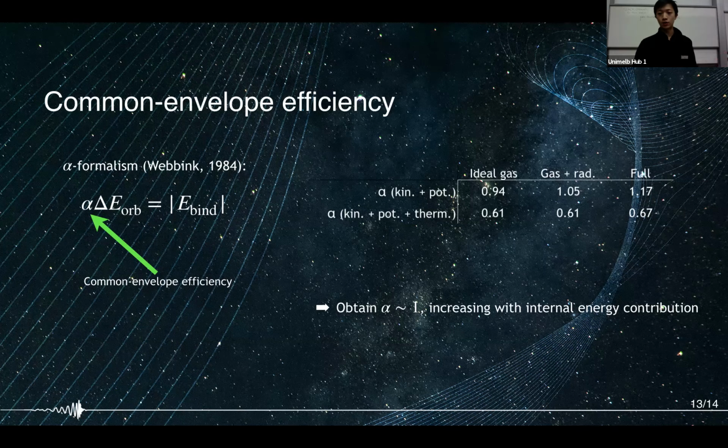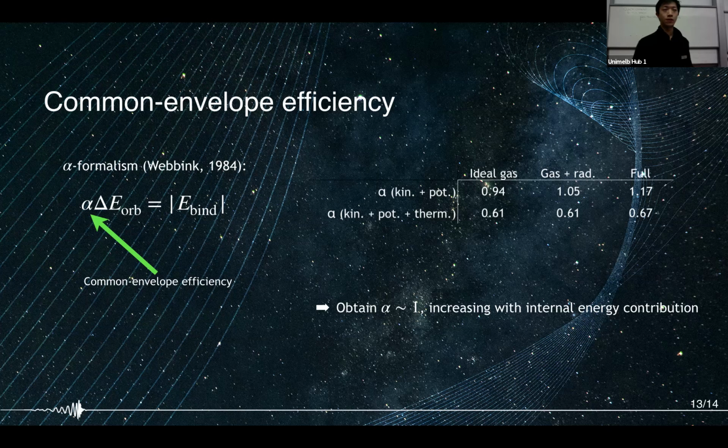So in our simulations, we do get alphas of order 1. If we include just the potential energy in our binding energy of the envelope, we see that alpha increases as we go from the ideal gas to the full equation of state.